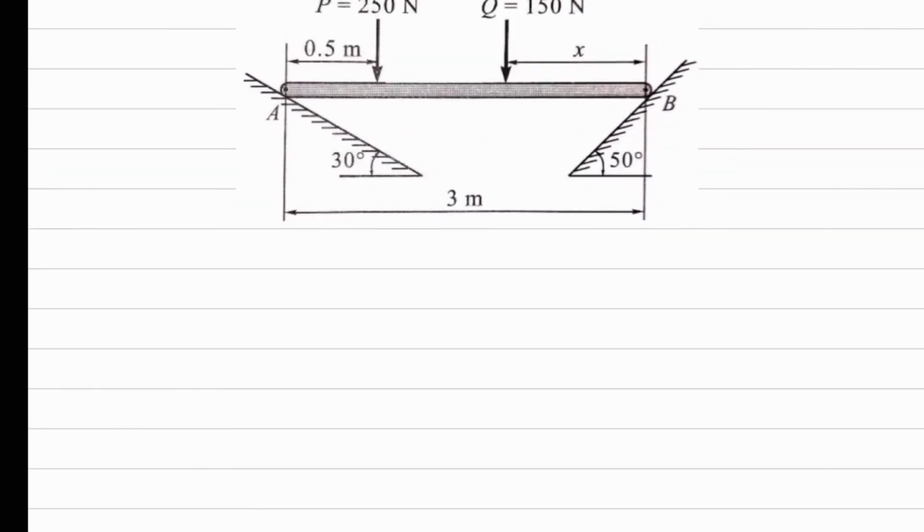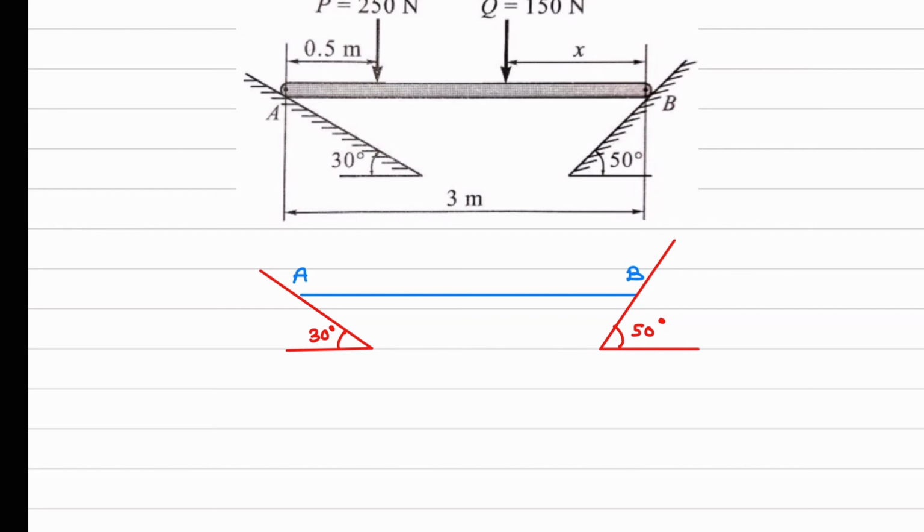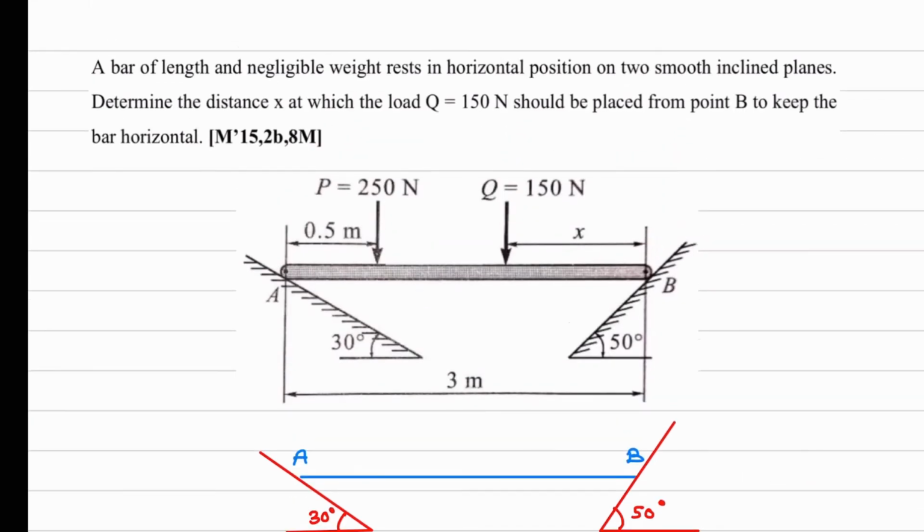So I'll draw the FBD. This will be bar AB. Okay, now here we have a surface. So I'll show the surface over here. Okay, so I have shown the surfaces. Now we'll show the reactions. What is given in the question? Two smooth inclined planes, meaning the coefficient of friction for both the surfaces is 0.